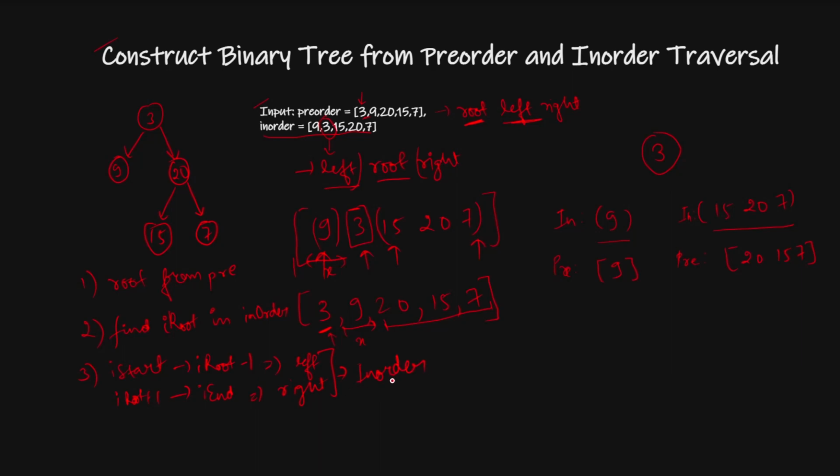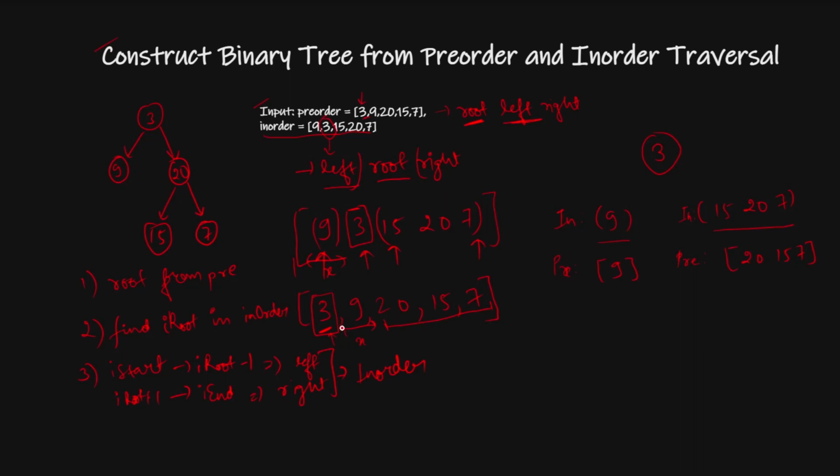And the same thing we have to do for preorder as well. So how do I find preorder? What will be my preorder? So my preorder will look like this. If I say this is my P start, then finding P will be very easy.